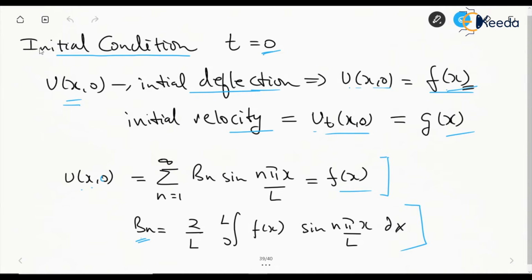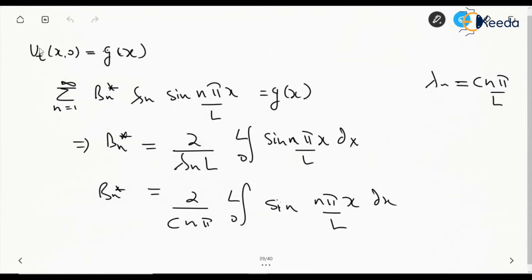And then, because of the initial velocity, which is equal to g of x, from the derivative of this u with respect to t, we will get this function at t equal to 0 to be equal to g of x. Finding the derivative and then putting t equal to 0, this gives the bn star.